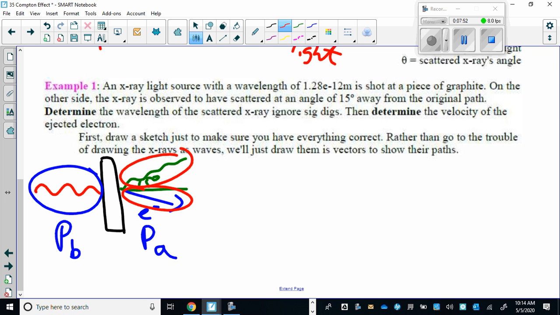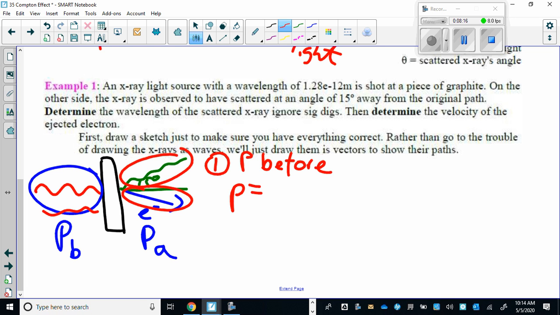So it's a very simple two-dimensional collision. Let's start off by calculating the initial momentum. So step one is the momentum before. And before, we're just talking about the momentum of the incoming photon.